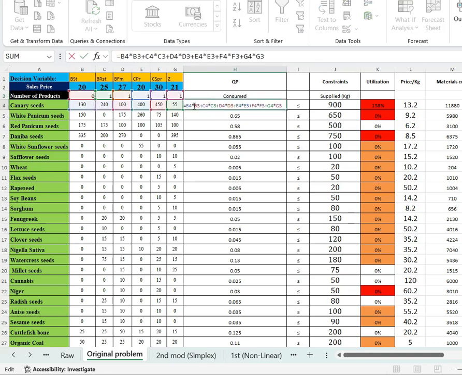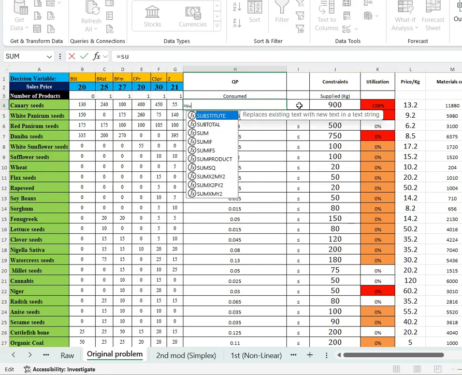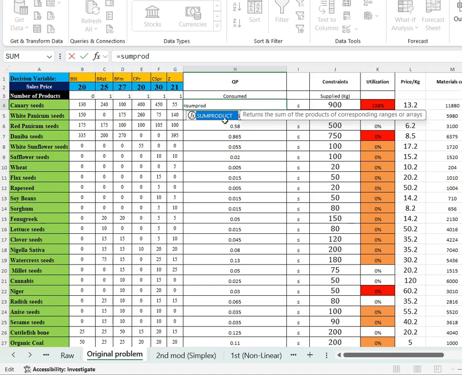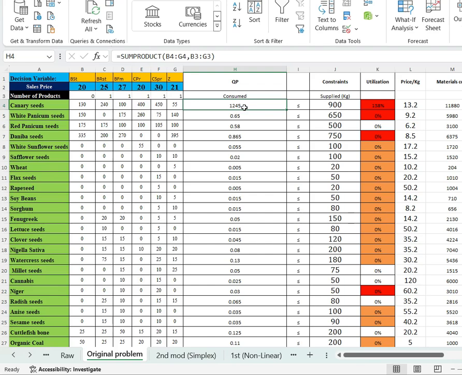So the consumption here, we can just remove that and I put something called SUMPRODUCT. Okay, and I put that, comma, I put that array, and that's it. So I will have the same result. Okay, so this is the amount of raw materials consumed to produce just one package of these.